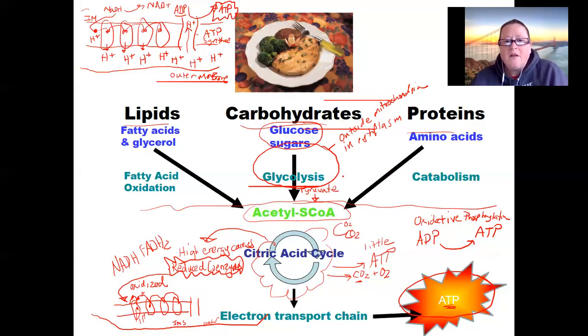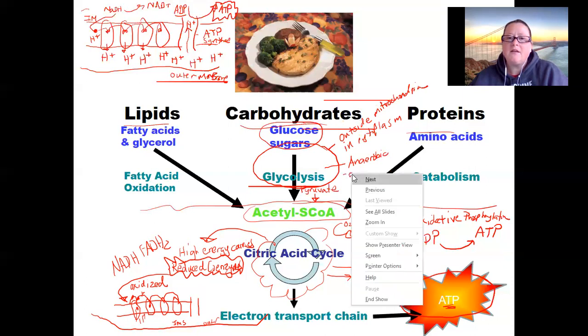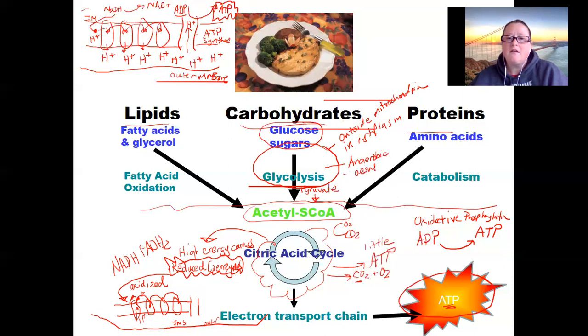Another thing about glycolysis is that this is an anaerobic process, which means it does not need oxygen.